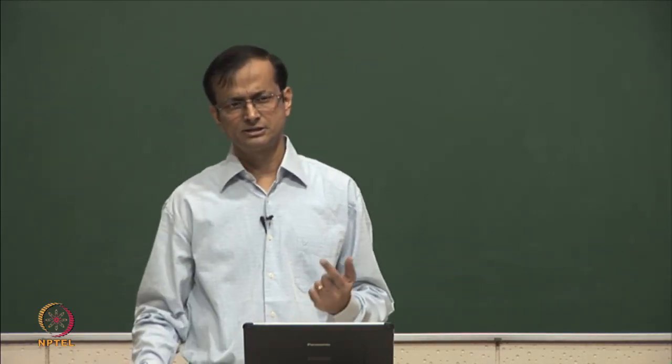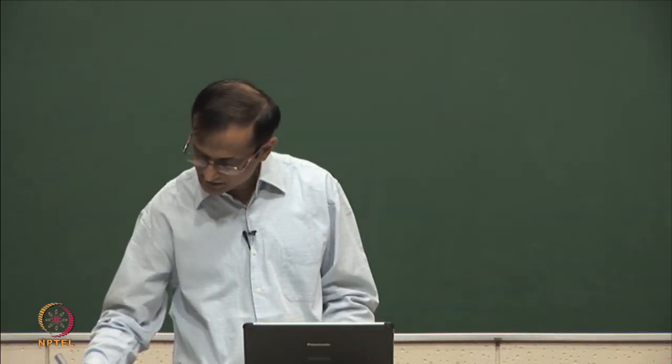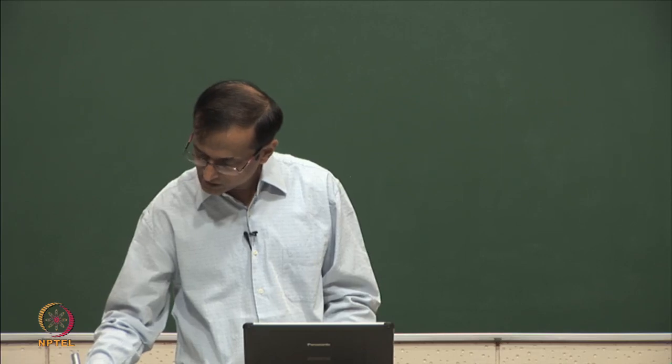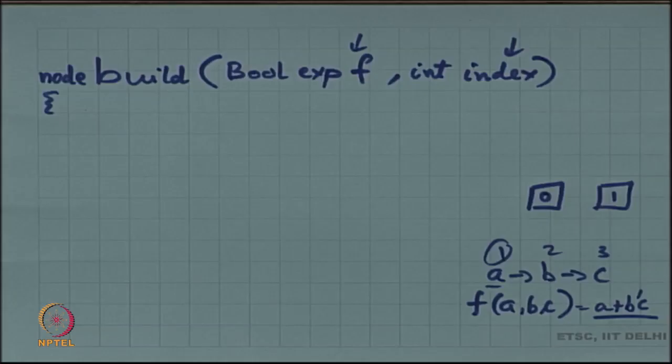Let us handle the leaf cases first. So, I create these two elements first, 0 and 1. I insert them into my unique table. That unique table is the hash table into which all the nodes are being inserted. So, 0 and 1 are already pre-inserted before the function begins.